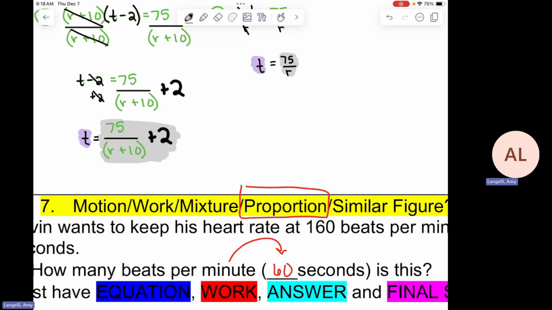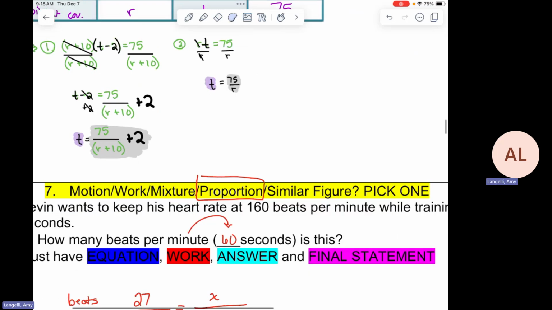Well, they both equal T. Yeah, it's more or less that they both equal T. Think back to algebra 1. When they both equaled Y, what did we do? That's what you need to do. So it's just like algebra 1, super pumped up.